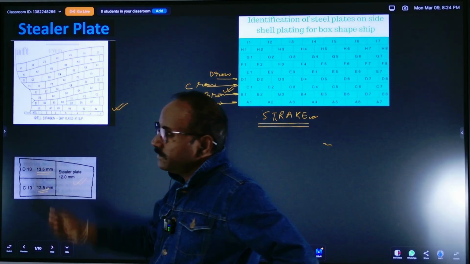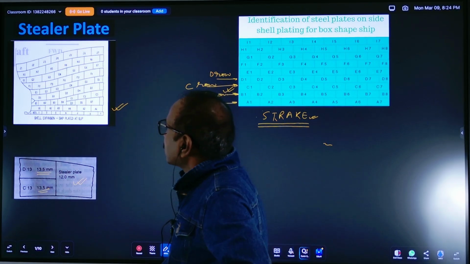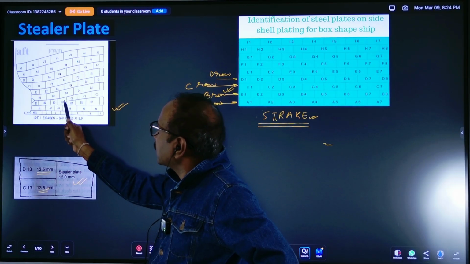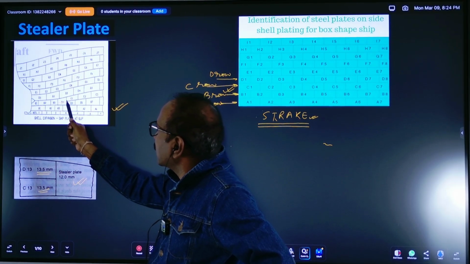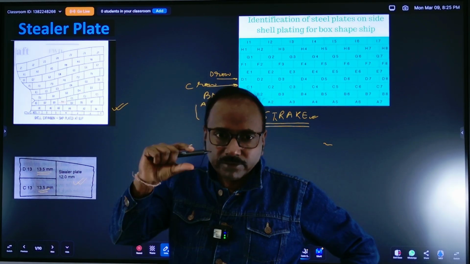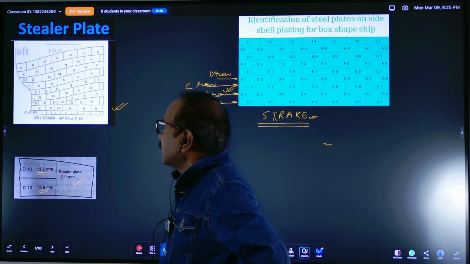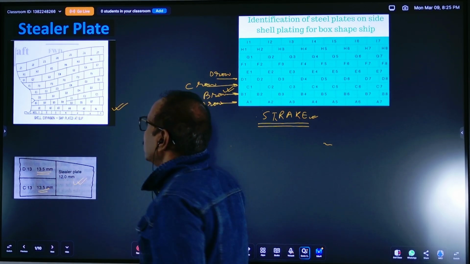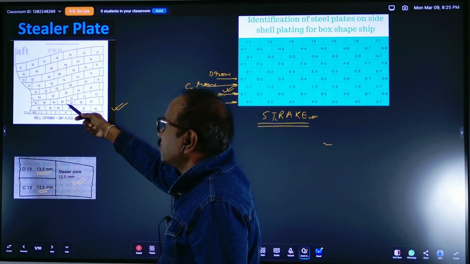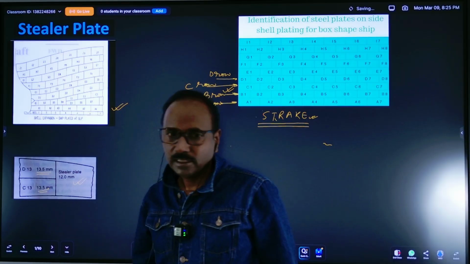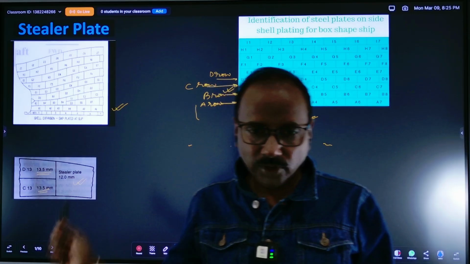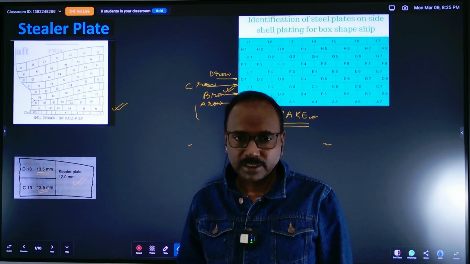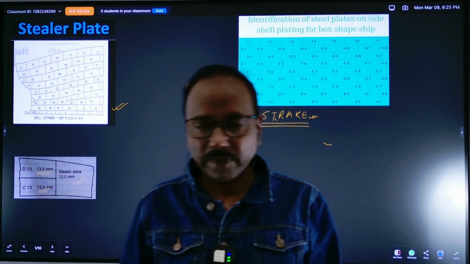Just before B5, if we continue using this strake, the strake width will become very less. So instead of doing that, you have merged C strake and B strake together to get a wider plate and join to make the structure stronger. So this is basically the concept of the Stealer plate.